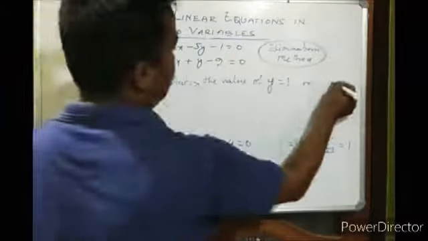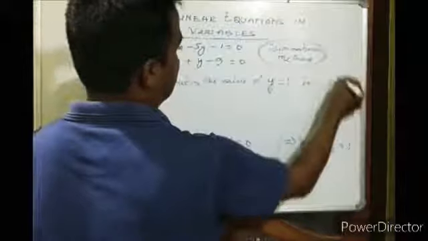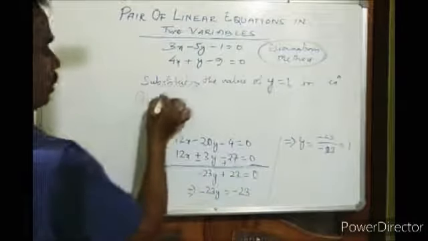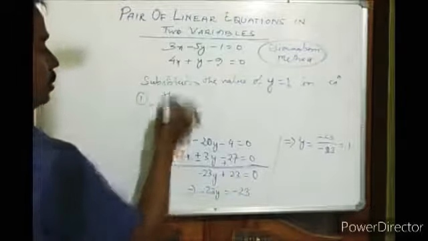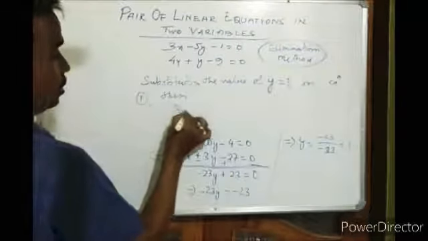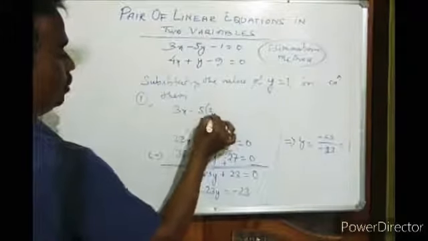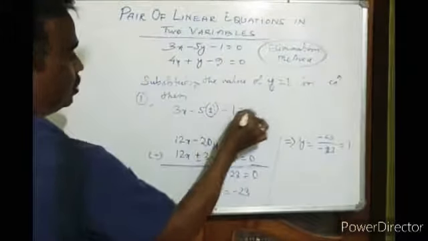I'll put it in equation number 1. Then I get 3 into x minus 5 into 1 minus 1 is equal to 0.